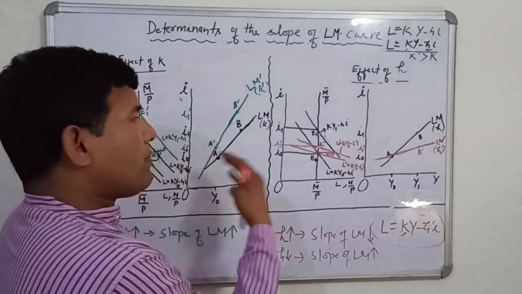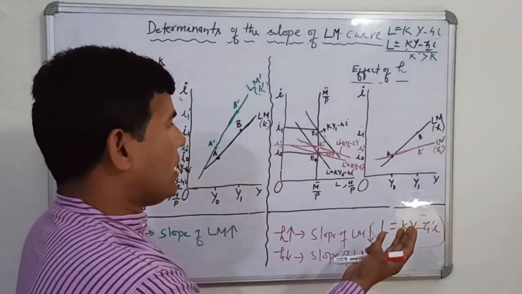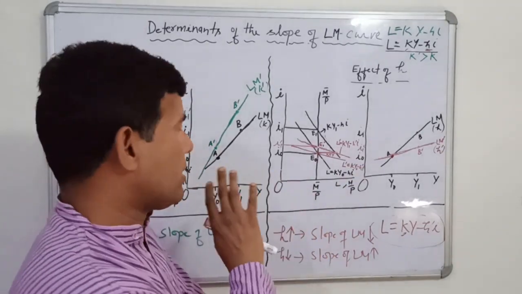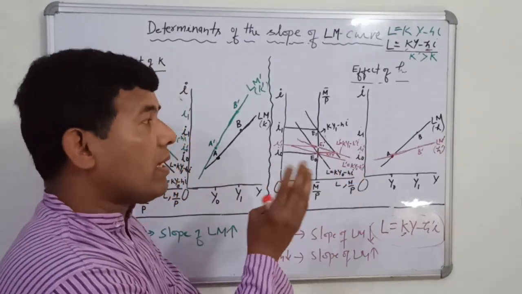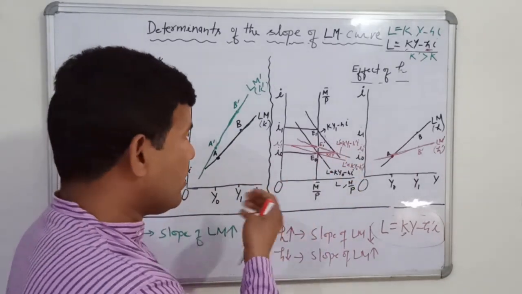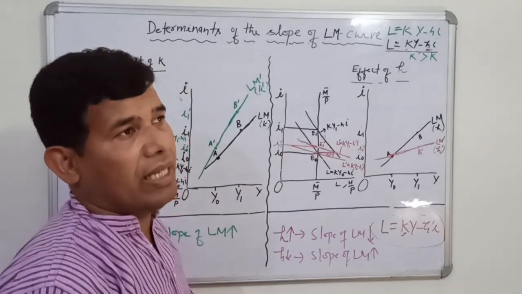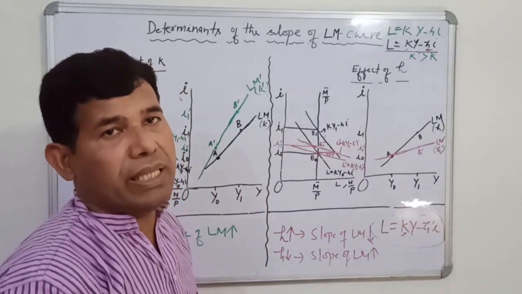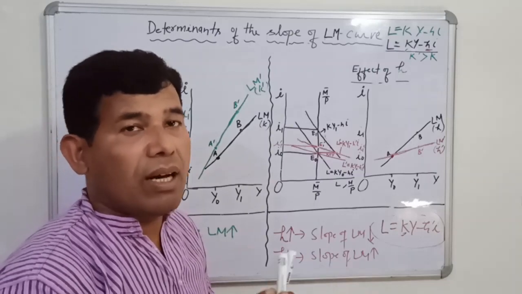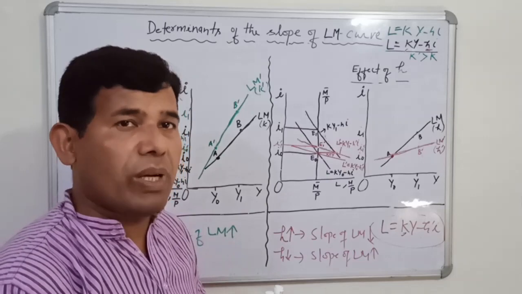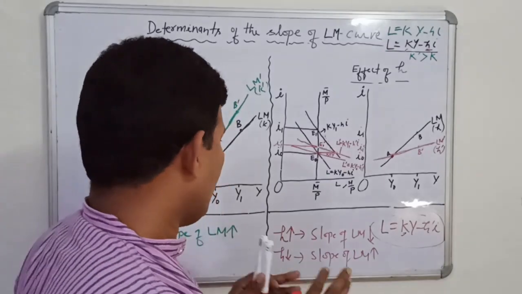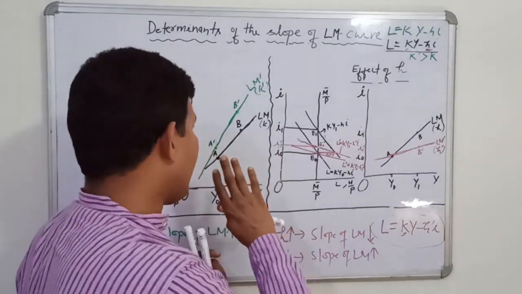Now, as far as the effectiveness of fiscal policy and monetary policy through graphical illustration is concerned, we can understand the slope of the LM curve and IS curve while we are discussing the determination of equilibrium income and interest rate, bringing together the IS and LM curves, which will complete our analysis of the IS-LM model. So I hope I am able to make you clear, right?